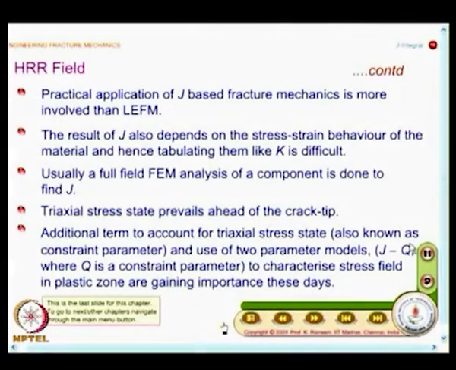In the domain of elastoplastic fracture mechanics, they have arrived at another parameter called Q, which is known as a constraint parameter, and this is used to characterize the stress field in the plastic zone, and such approaches are gaining importance these days. So, you will have to know what is the current approach people are looking at. Like we had looked at T stress influence in linear elastic fracture mechanics, people are also talking about the constraint parameter Q in elastoplastic fracture analysis.